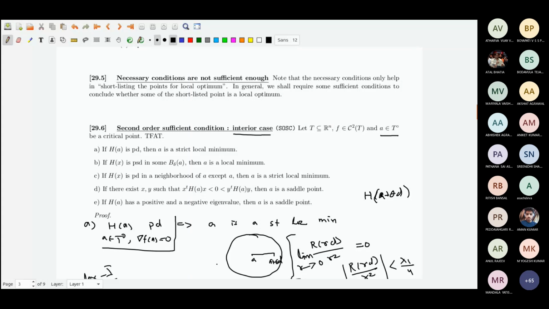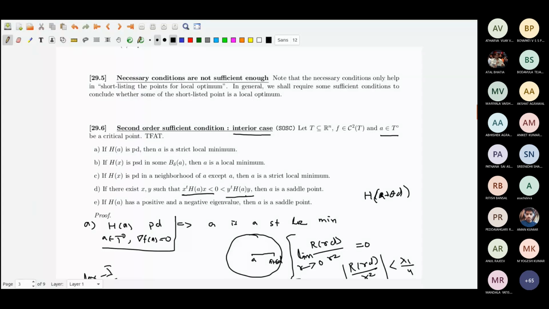Item D. Item D, what does it say? It says that if you can find two vectors x and y such that with respect to x, the Hessian matrix HA behaves like a negative semi-definite matrix, that is x transpose HA x is negative, and with respect to y it is positive, y transpose HA y, then A is a saddle point.